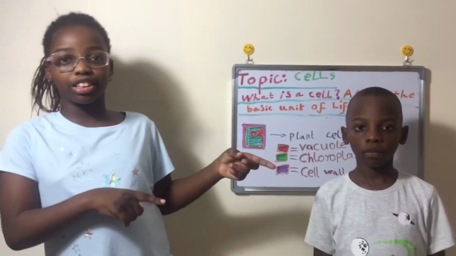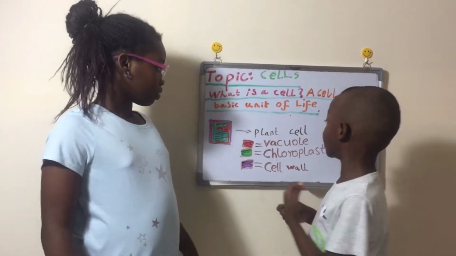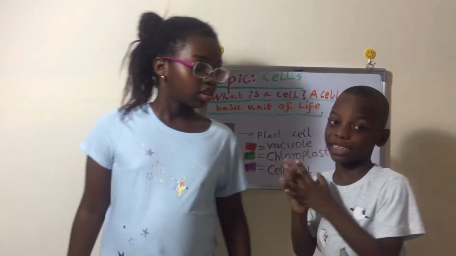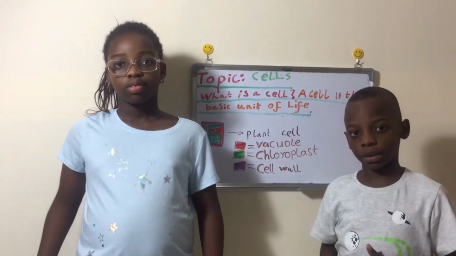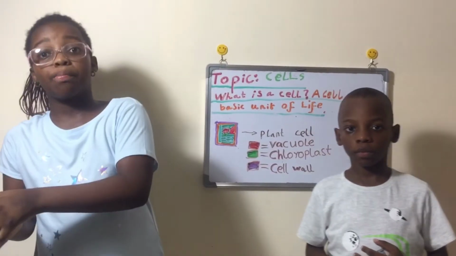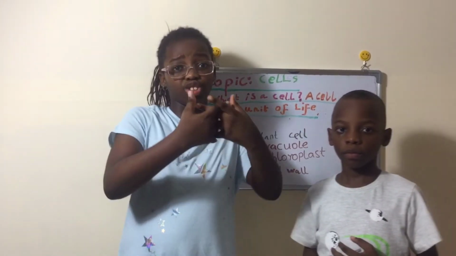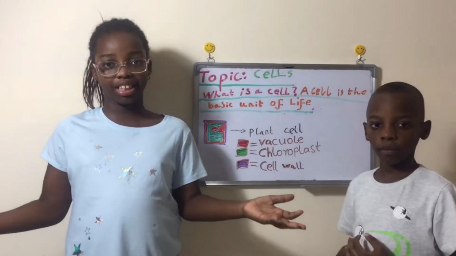Watch our photosynthesis video. That's how they store their food. And then there's the chloroplast that is giving the green color to the plant. Inside the chloroplast, there's chlorophyll. And that's what makes the plant green. Yes, that's how the plant is green.